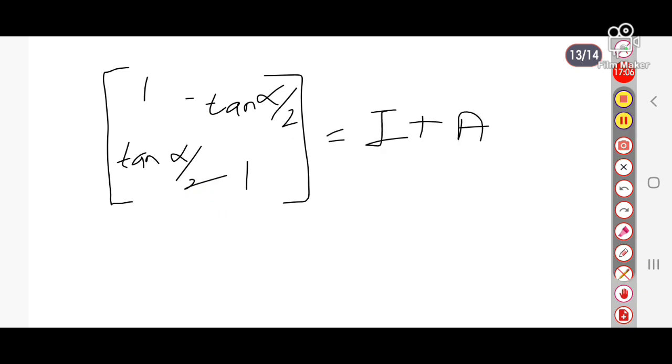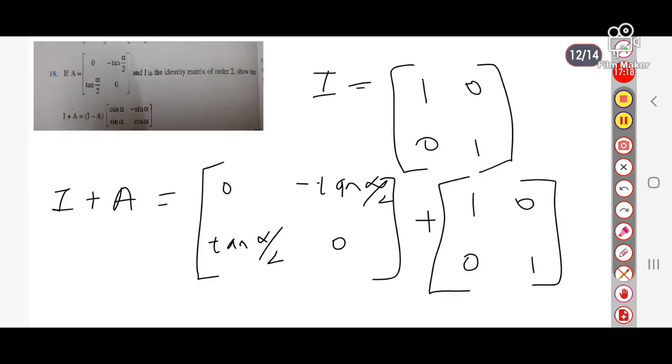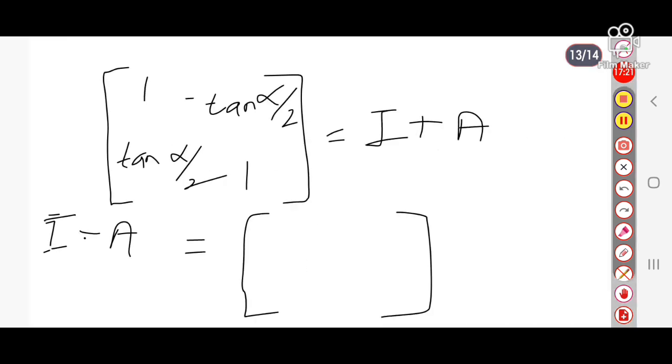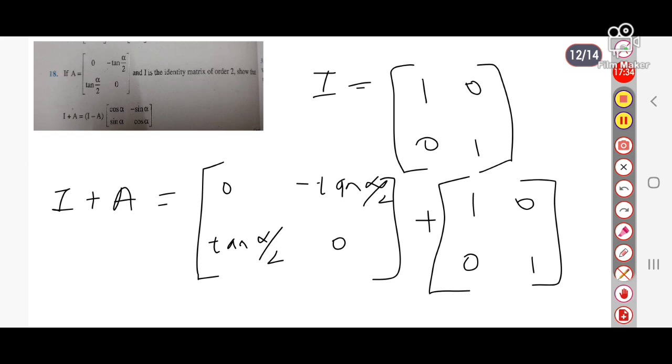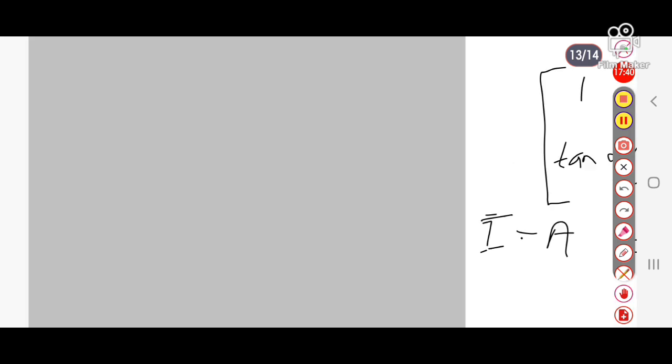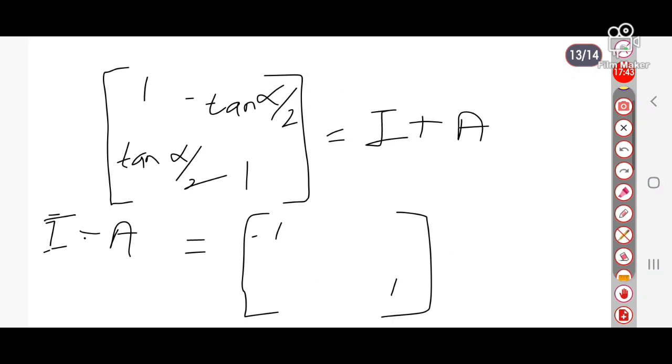Similarly, for the I minus A value, we will just simply first find the matrix in such a way that we can easily subtract it.